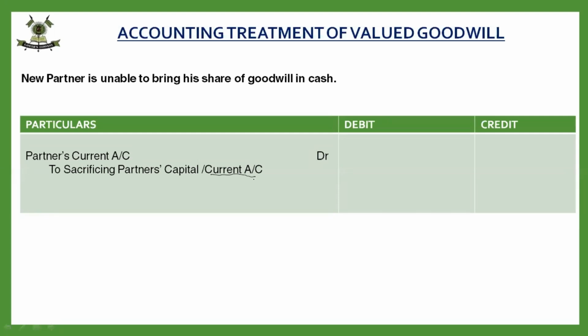But this current account is the amount due from him on account of cash not brought in. Fine. This is like your debtor's account. This will not act like your capital or current account. This will act just like your debtor account. This is the amount due on account of premium for goodwill which he was supposed to bring in.